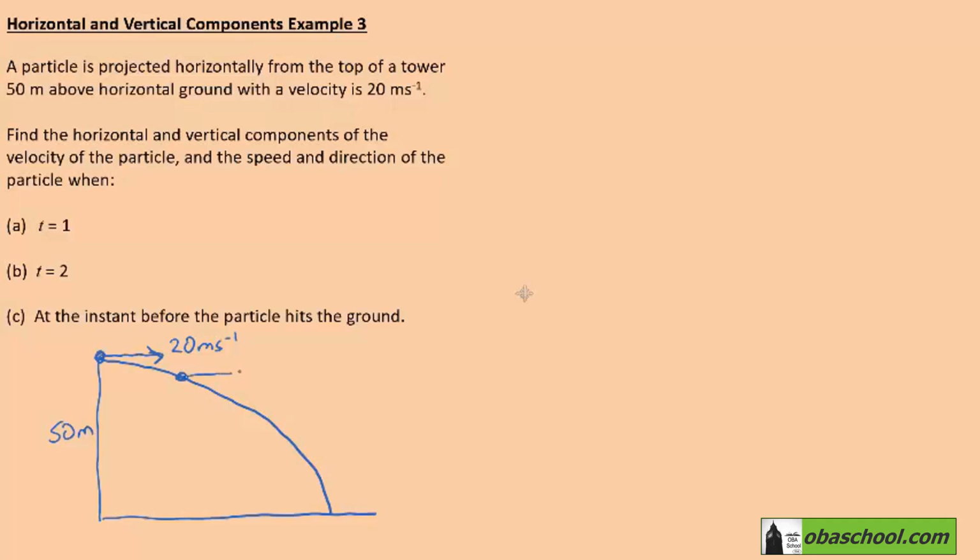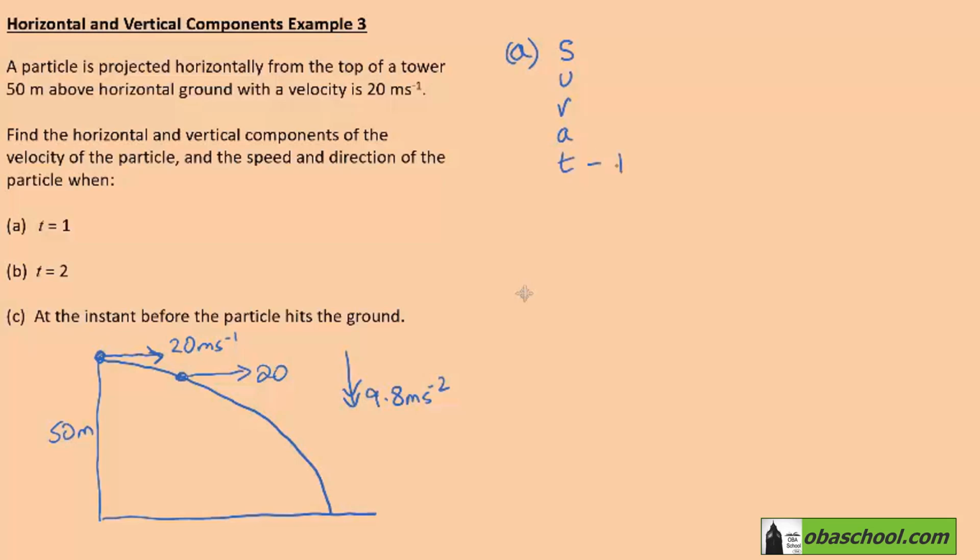Now we know that throughout the motion the horizontal is not going to be affected. We've got an acceleration due to gravity of 9.8 meters per second squared. So in part A, what we want to work out is the vertical velocity at this time. Let's take downwards as positive, and so that is a suvat.